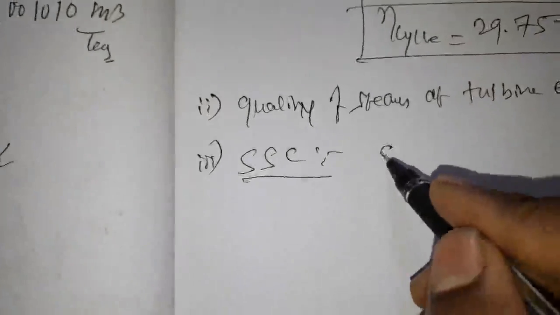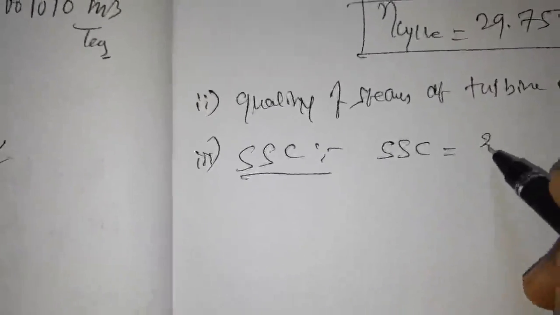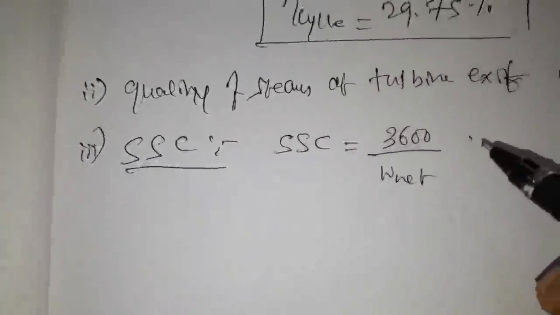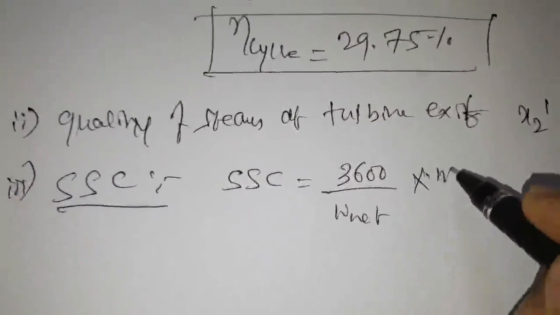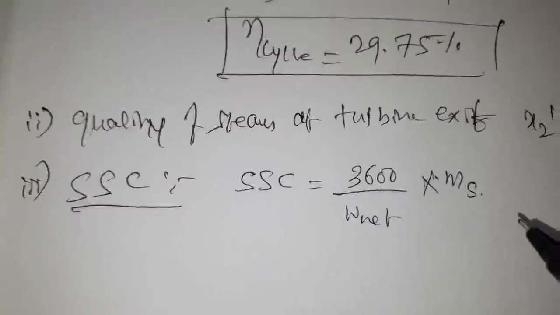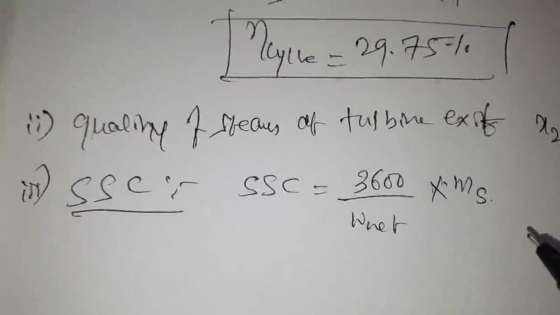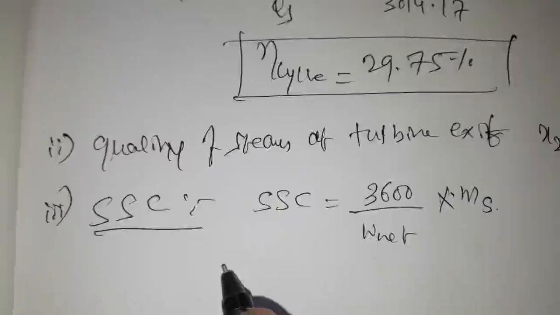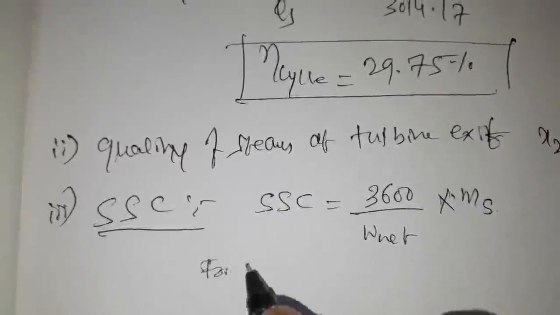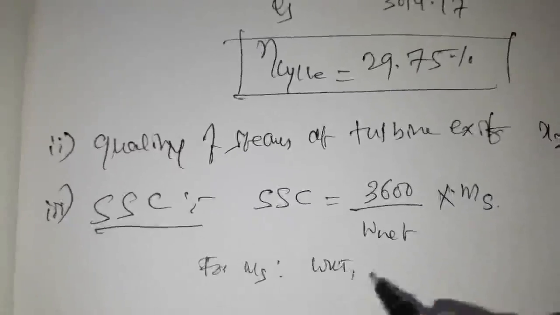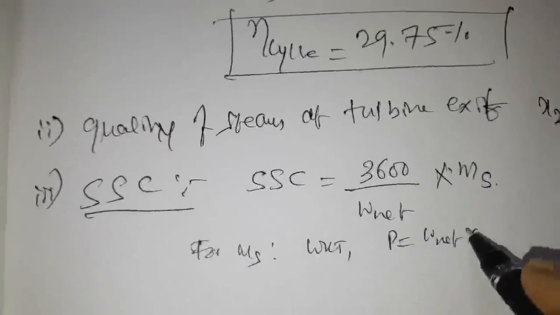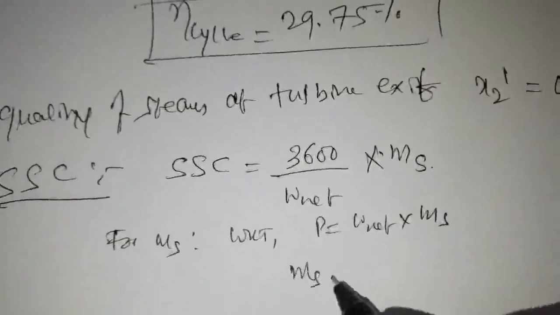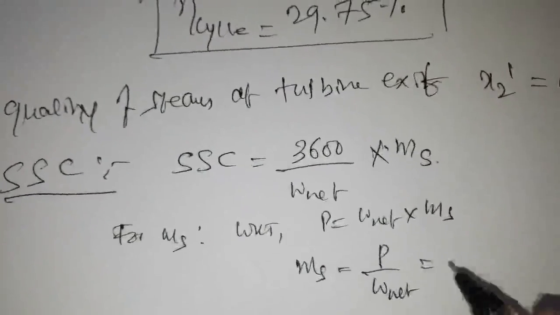Specific steam consumption is given by 3600 upon W net. This is for only 1 kg per second flow rate, but there is more flow than that in the present problem. For calculation of mass flow rate of steam, MS, we know that power is given by W net into MS, and therefore MS is power upon W net.